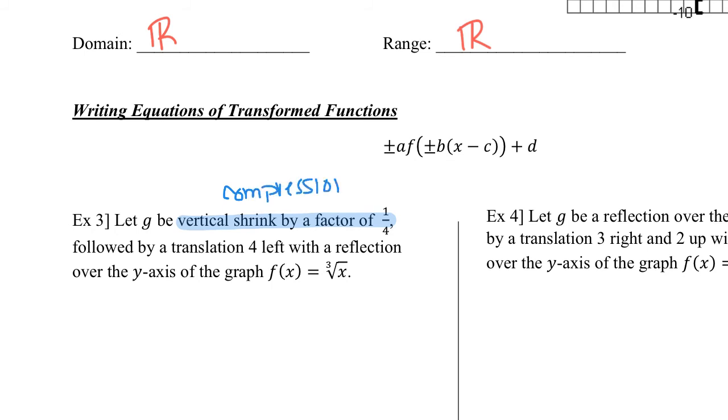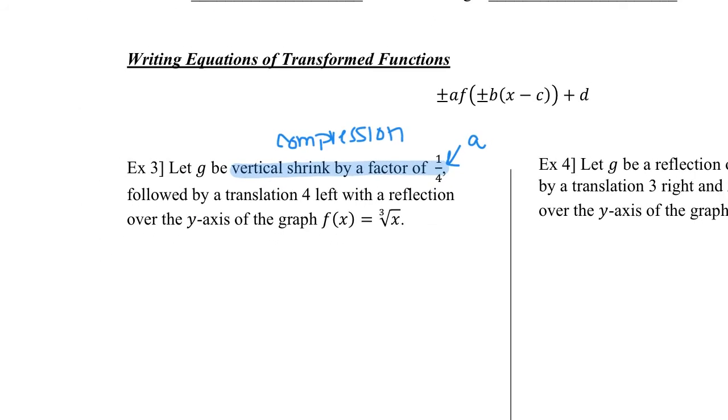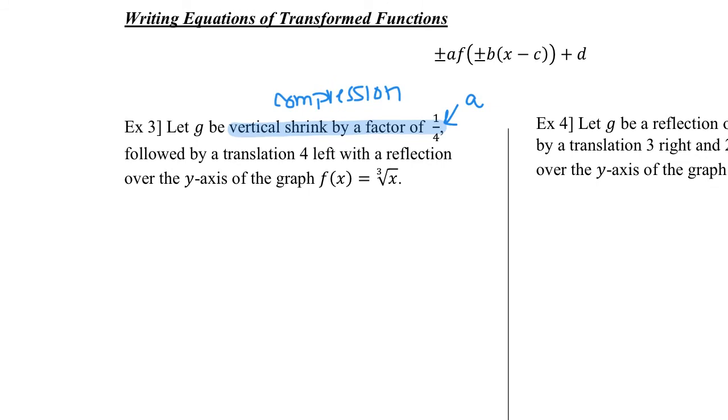So since it's a vertical compression, that means this is really your a value. So the first transformation that we have is you're going to have an a in the front. So it's going to be y equals the a value of 1/4 times the cube root of x. So there's the first transformation of my function.